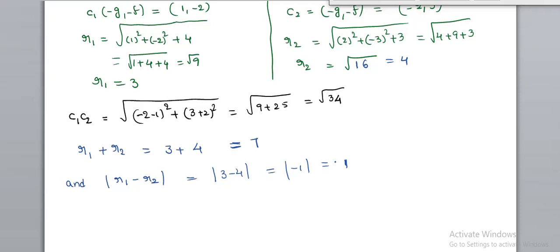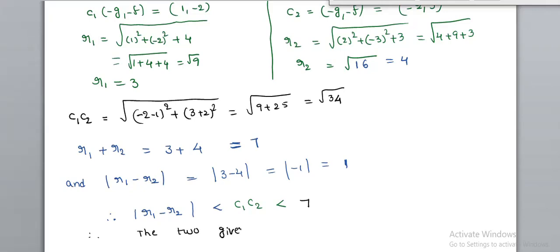Modulus always takes the positive value, 1. So therefore what condition is applied? Modulus R1 minus R2 less than C1 C2 less than R1 plus R2, 7.